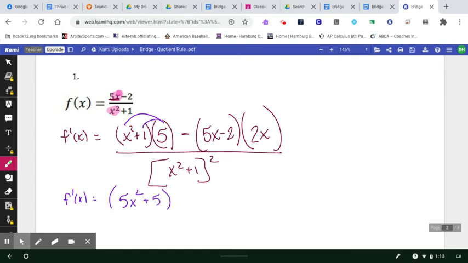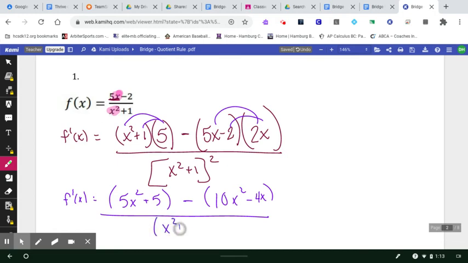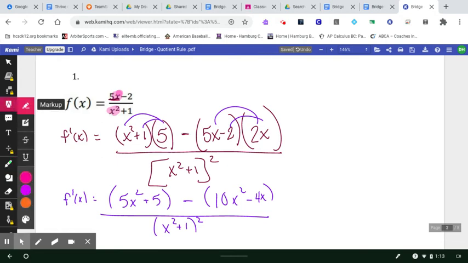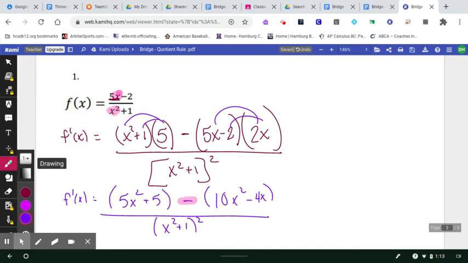Minus, and because of this minus sign, I distribute it: in parentheses, 10x squared minus 4x, all over x squared plus 1 squared. You don't need to FOIL that out, but we need to watch the parentheses on the top row and be careful to distribute the negative through. That's where students make mistakes, and we don't want to be one of them.